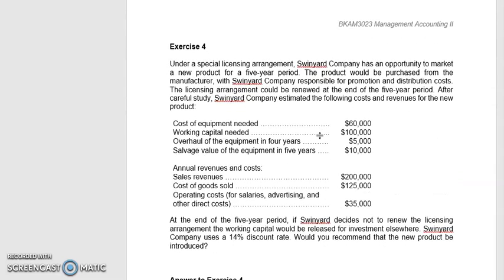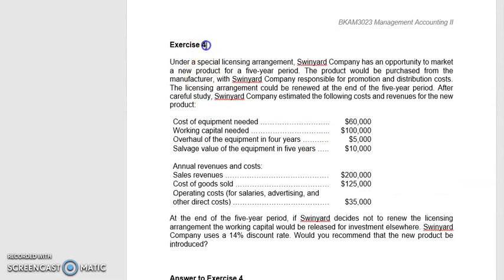Okay, exercise 3. Under a special licensing arrangement, Vineyard Company has an opportunity to market a new product for a 5-year period. The product would be purchased from the manufacturer with the company responsible for promotion and distribution costs.